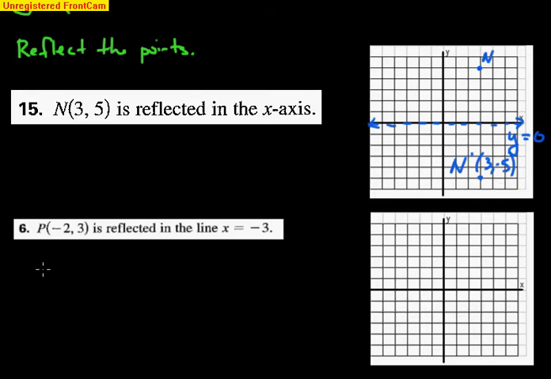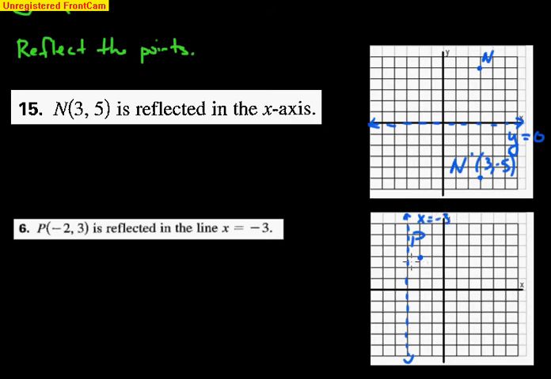Okay. Now, if I move on to this one down here, P, negative 2, 3, reflected in the line x equals negative 3. Well, let's put P on there. Negative 2, 3. There's my P. And the line x equals negative 3, that's a vertical line right here. 1, 2, 3. Negative 3 over. So there's that line, x equals negative 3.